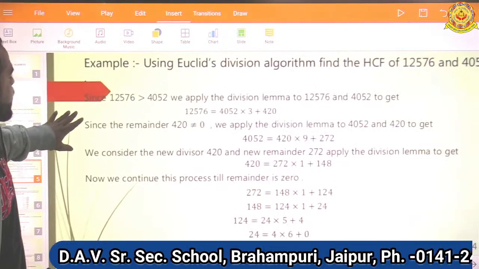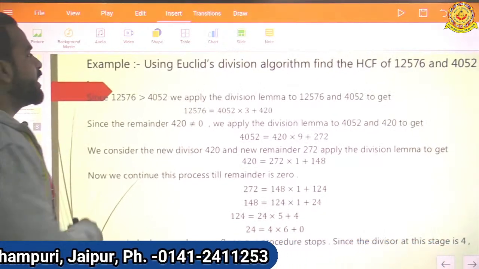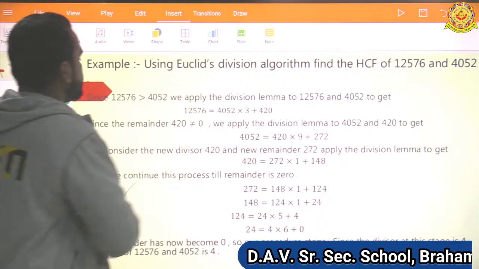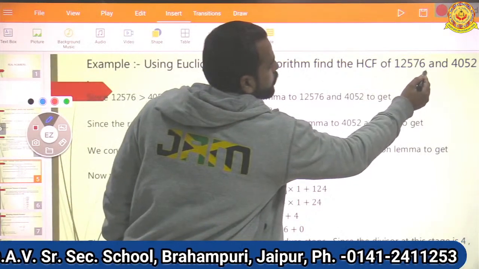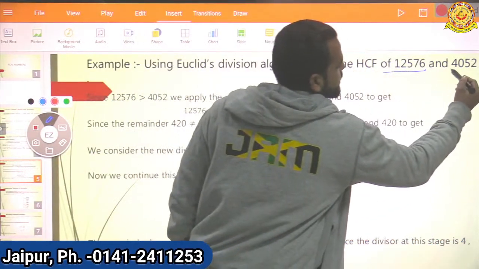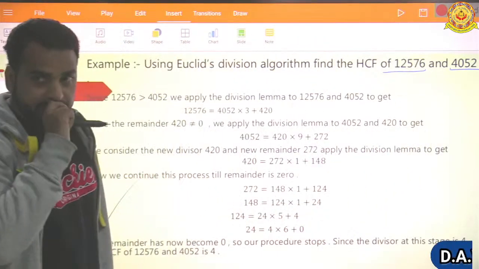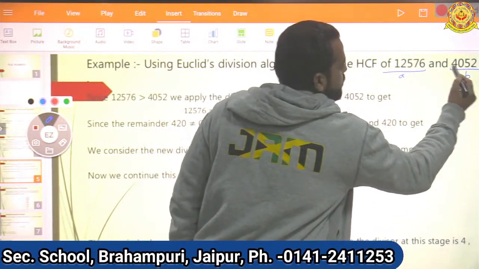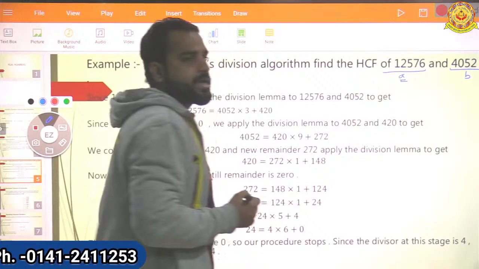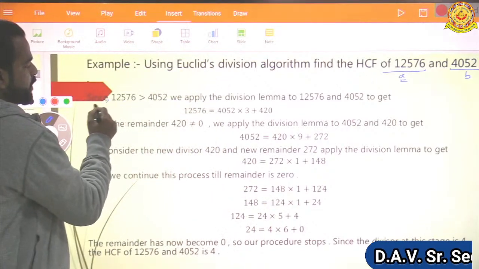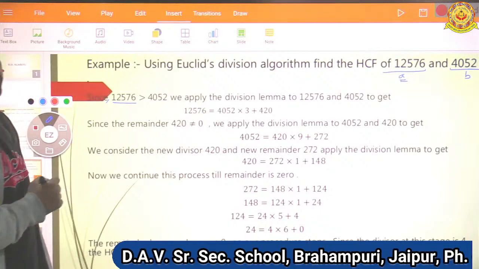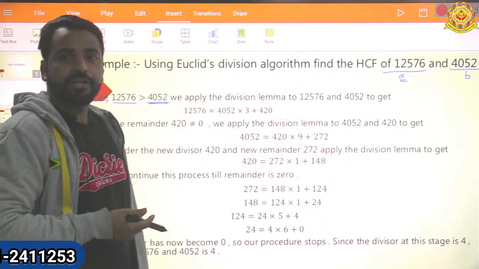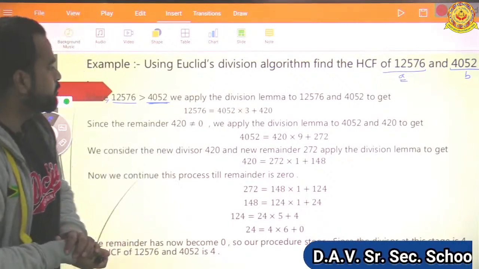Here, using the Euclid division algorithm, find the HCF of 12,576 and 4,052. How will we start the question? This is our A and this is our B, because the greater number is always A. We know that 12,576 is greater than 4,052, so we apply the division lemma to find the HCF, correct?